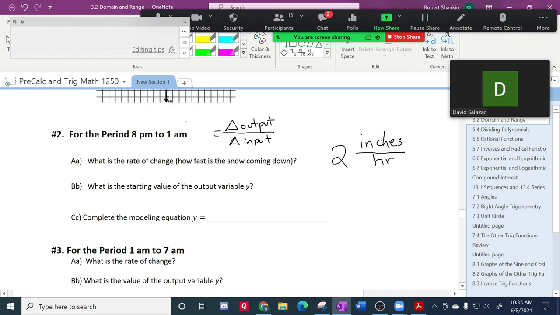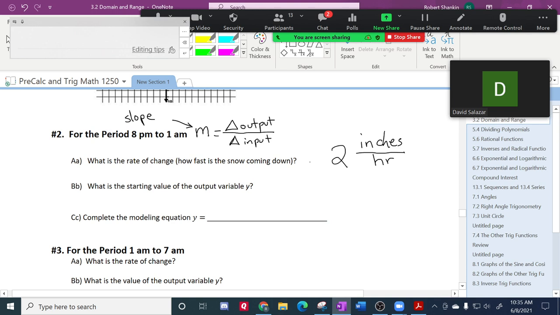We tend to use the letter M, and M stands for what word? Slope. That's right. All right, so rate of change is the same as the slope, and hopefully that's ringing some bells and you're remembering a little bit of that from previous math courses.